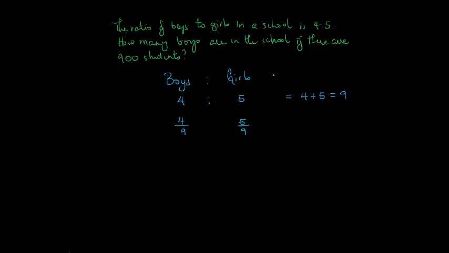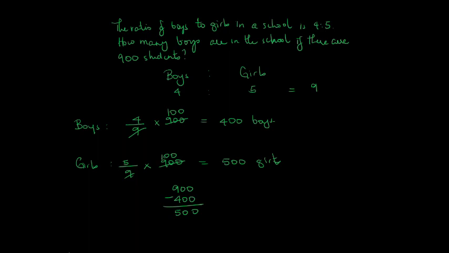Since we know the total of boys and girls is 900, we can find the fraction of that 900, which is 4 over 9 times 900. 9 into 900 is 100, and that will give us 400 boys. And that's how you do that. And if you wanted to know how many girls there are, you would simply subtract 400 from 900 to give you 500 girls.